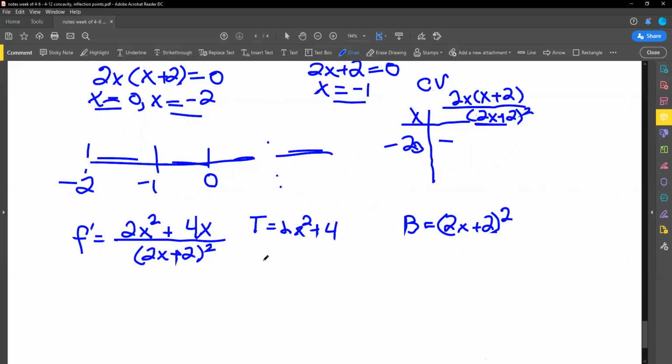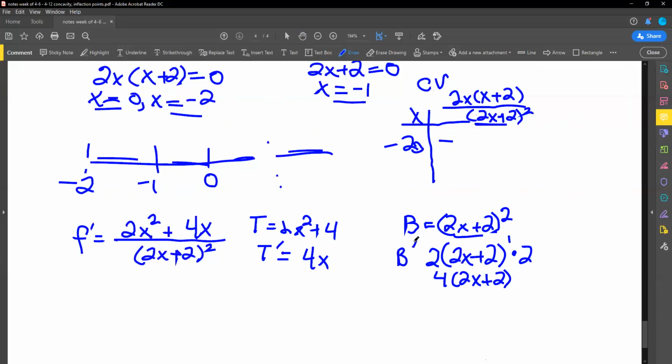All right, so the derivative of the top would be 4x. And the derivative of the bottom, it's a chain rule. It's 2 times 2x plus 2 to the first, times the derivative of the inside, which is just 2. So you get 4 times 2x plus 2. And I might leave it that way until we see what happens. All right. So we're going to write our second derivative.